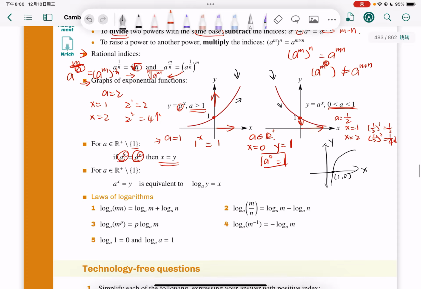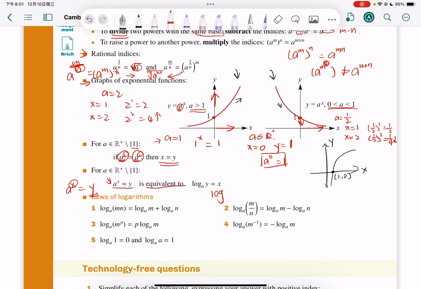With the same condition, if we have a to the power of x equal to y, this relates us to the log function. For this one, we're calculating the result of a to the power of x, which gives us y. But for log, instead of calculating the answer y, we're finding the power x.